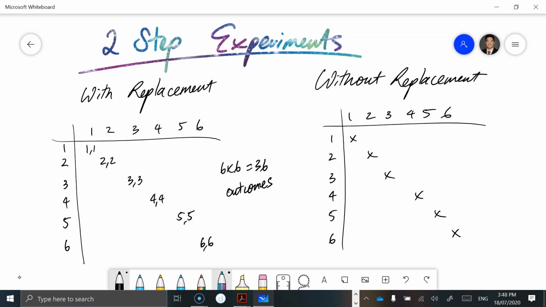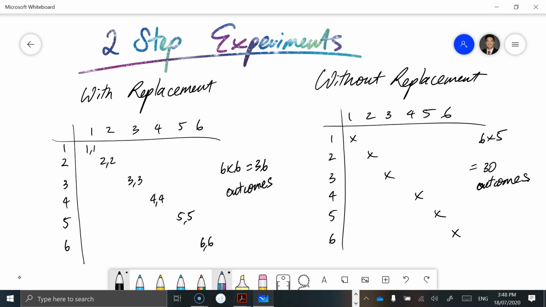But without replacement, you've actually got 6 less, so you only have 30 outcomes, because you're no longer replacing the things in the bag. Basically it's 6 times 5, because the first event you have 6 options, and then once you've taken one out of the bag you only have 5 left. So 6 times 5 is 30 outcomes.